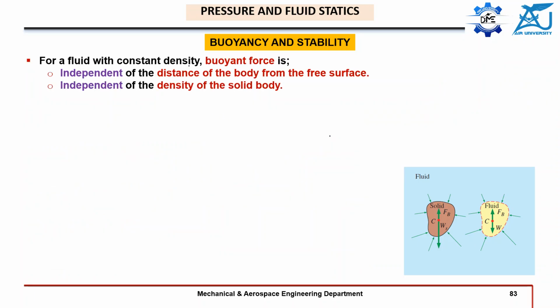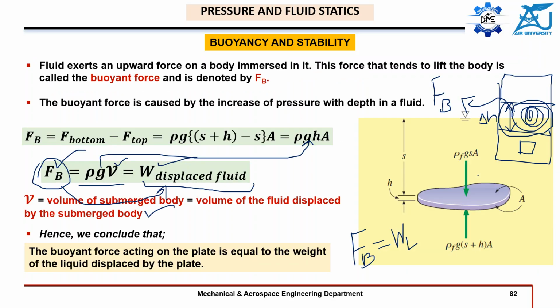For a fluid with constant density, we are talking about constant density, there are no fluids with different densities. The buoyant force is independent of the distance of the body from the free surface. So the buoyant force doesn't depend on whether your body is somewhere here or in the depth, if the density is constant.